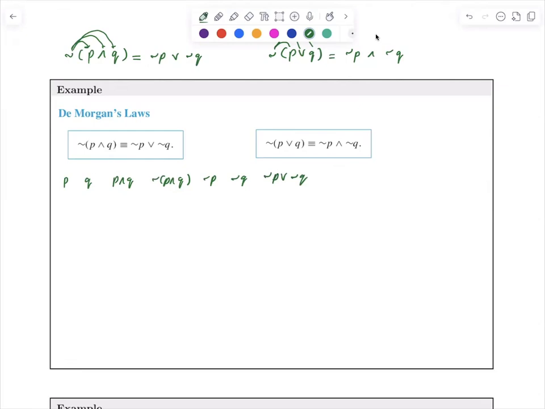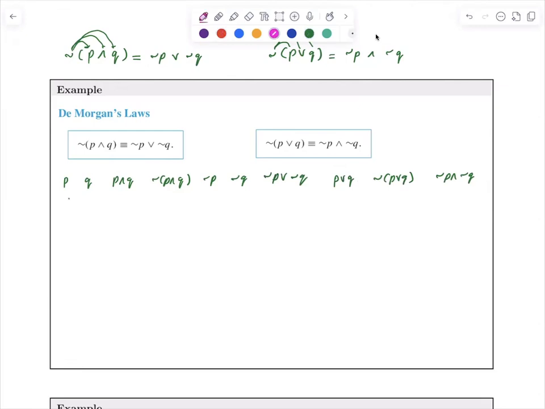For the second statement, here you have P or Q, then the negation of P or Q, and then since we already constructed not P, not Q, this is not P and not Q. So let us take a look at this.